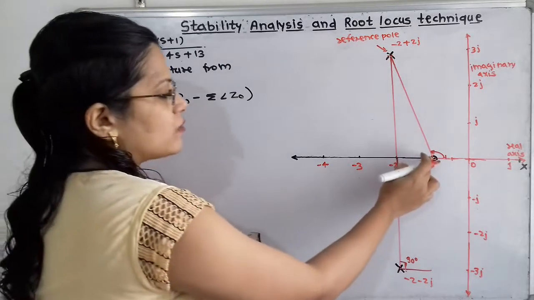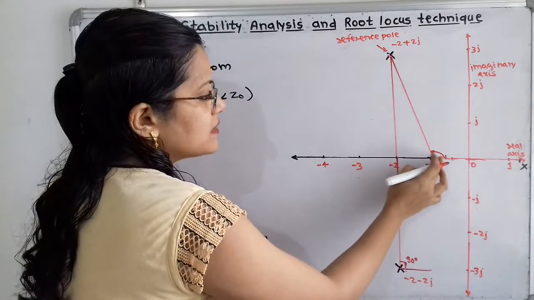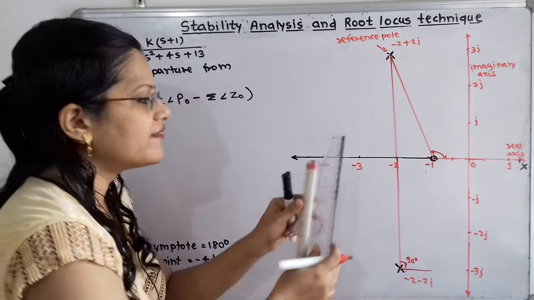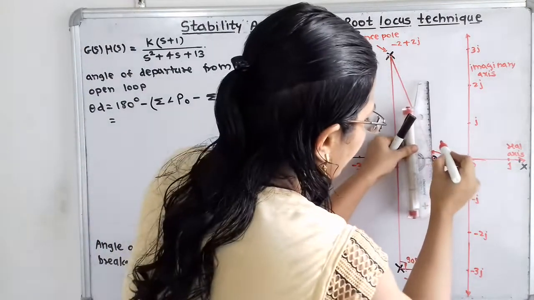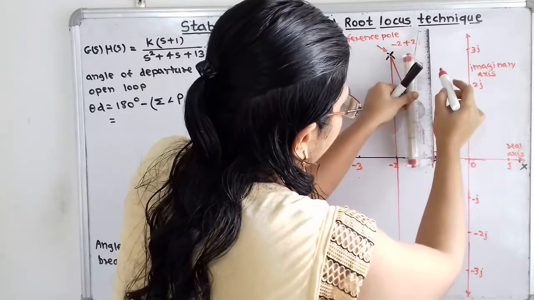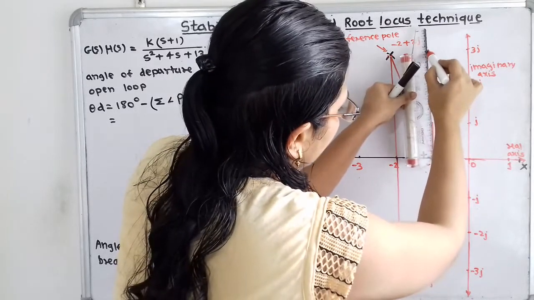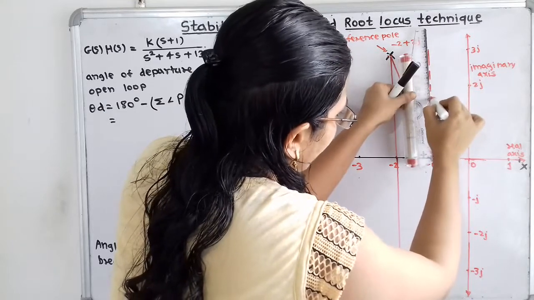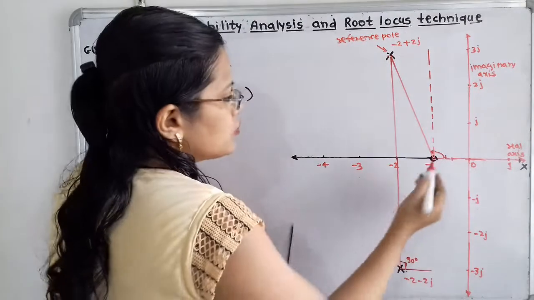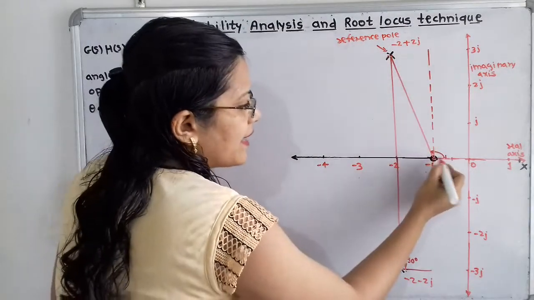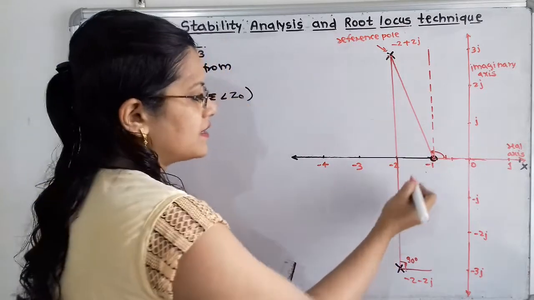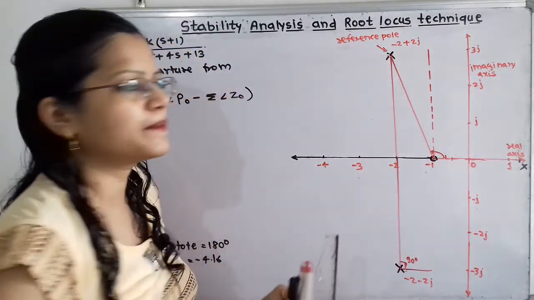Now we will calculate the angle made by this open loop zero with respect to this pole. Now I draw one vertical line passing through minus 1. I will draw this line as a dash, because this is a construction line. The angle made by this vertical line with respect to this horizontal line is 90 degrees, so we have to calculate this remaining angle.